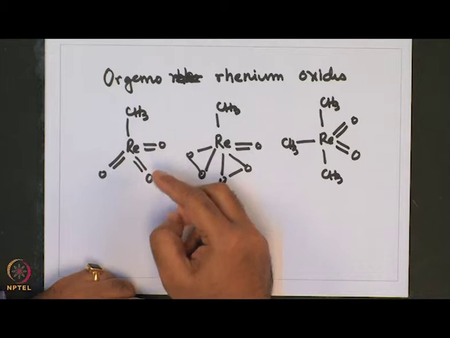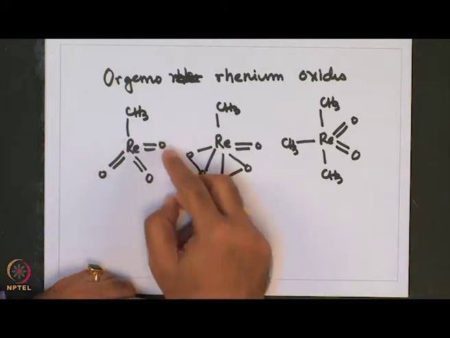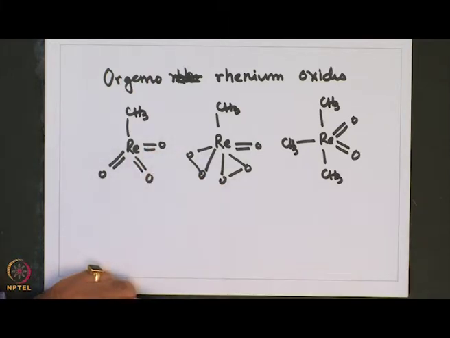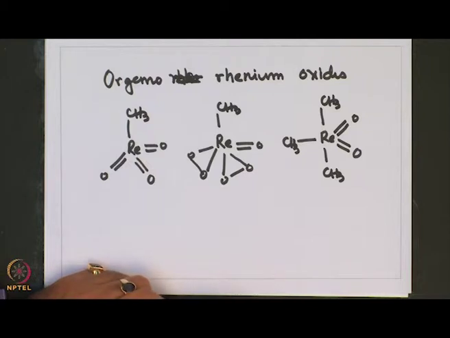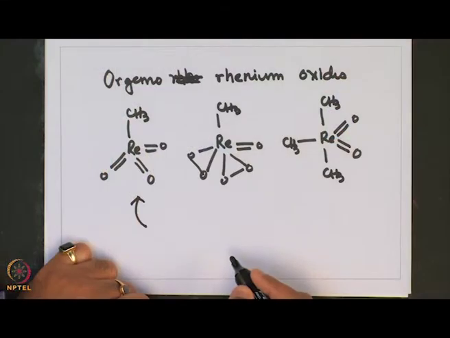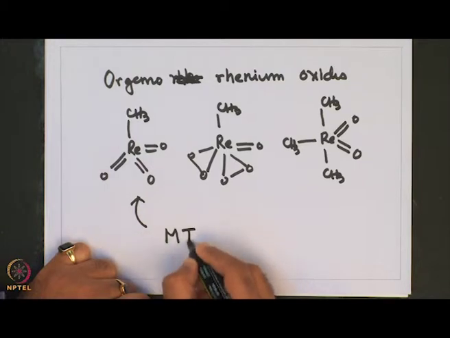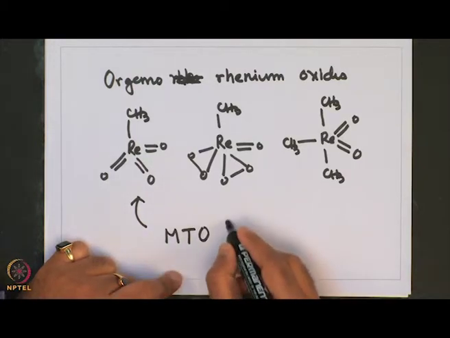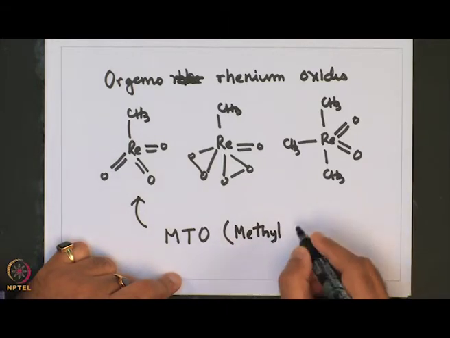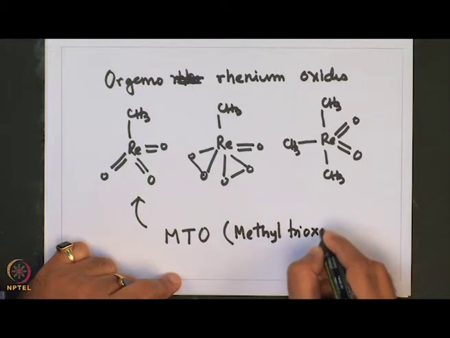These alkyls are present along with various kinds of oxo ligands attached to rhenium. Now, these compounds give rise to a special kind of compound, particularly the one discussed over here. These are called MTO, or methyl trioxo rhenium.